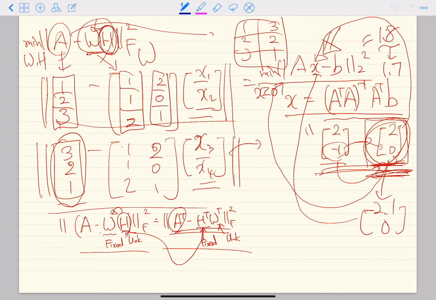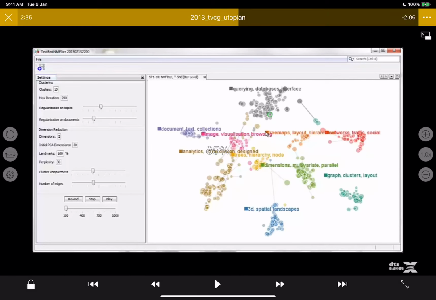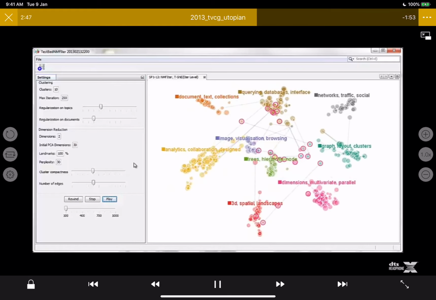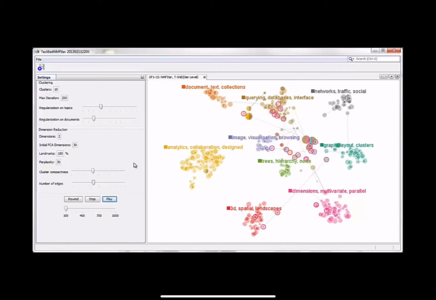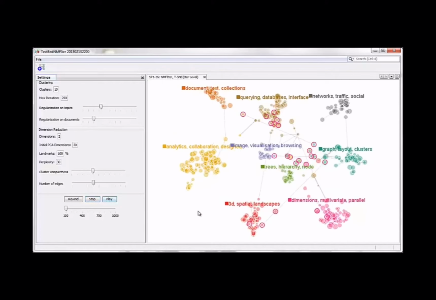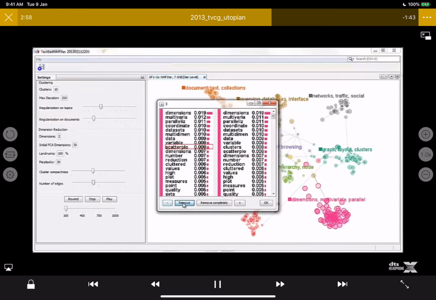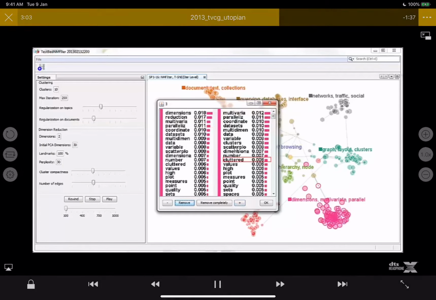And then we can also support some splitting as well. If one cluster is a little bit ambiguous, like dimension and multivariate and parallel, and then if we split them into two, we just initially provide two duplicated column vectors, and from here we allow users to create the differences or changes between the two.